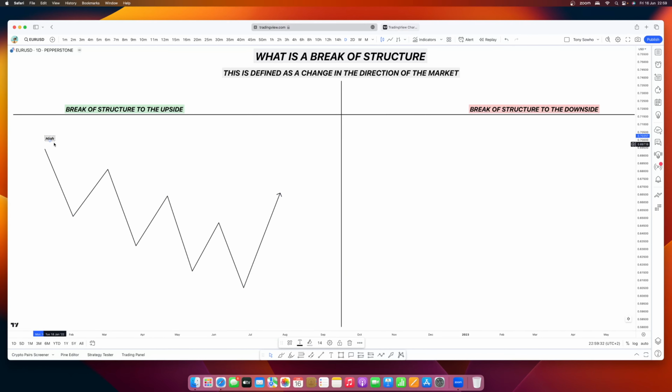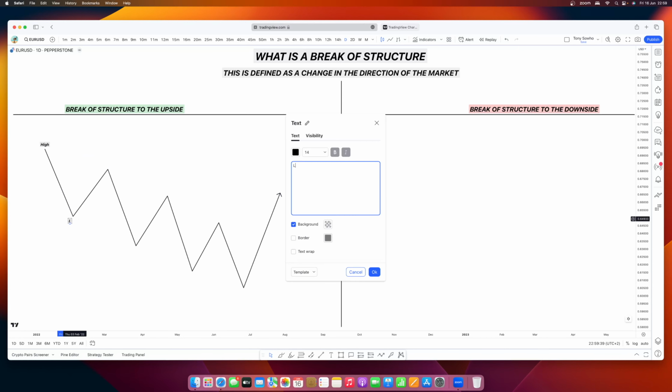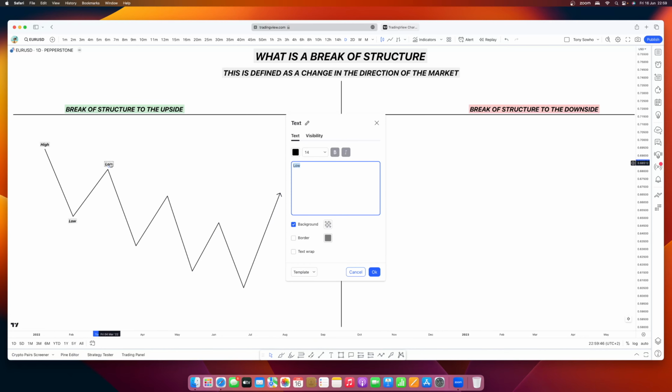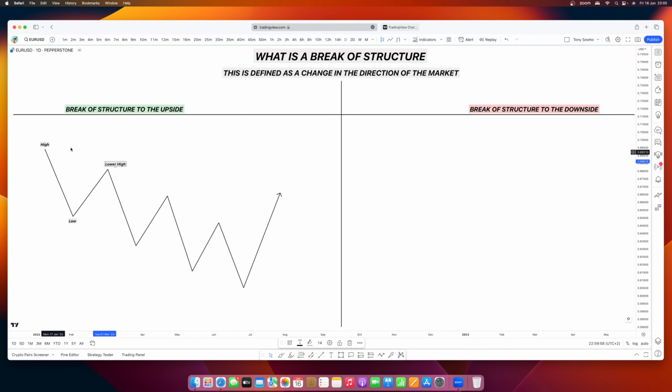So quickly, we have this as the high, and we have this as the low here. You know this already, we just talked about this. So we have this as the lower high. And then we have this as the lower low down here.